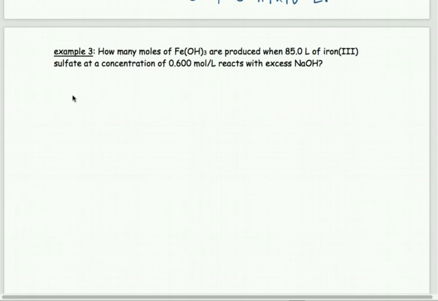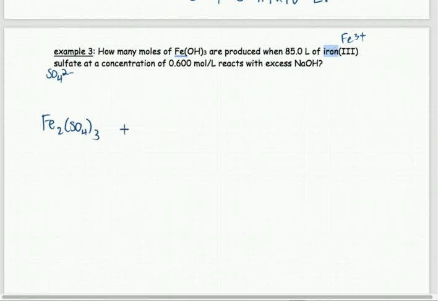So this is iron 3, and this is sulfate. So we have to make that compound, iron 3 sulfate, so the 2 comes here and the sulfate gets the 3.